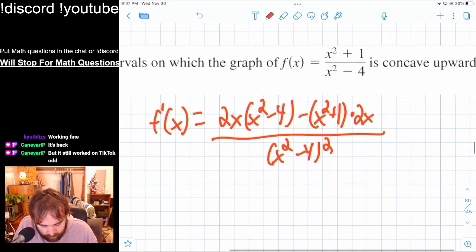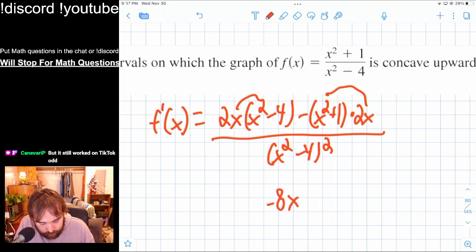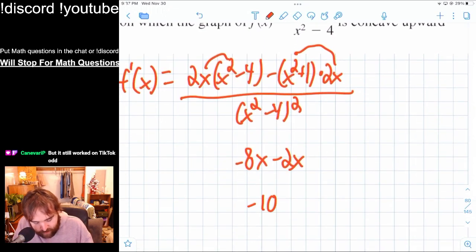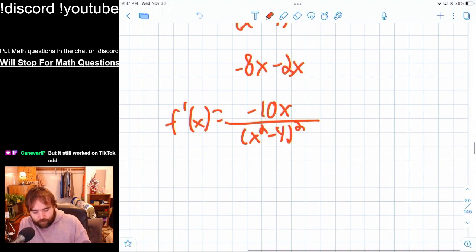Should I try to simplify this at all? Definitely. There's the 2x times x squared and the 2x times x squared. Those are going to cancel each other out. So we've just got -8x minus 2x, so -10x over x squared minus 4 squared. That's our first derivative.